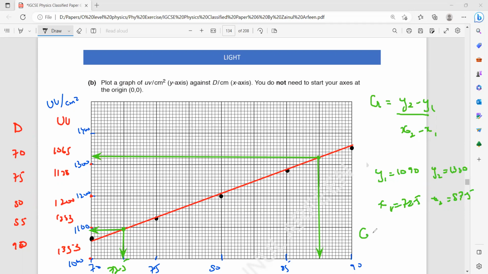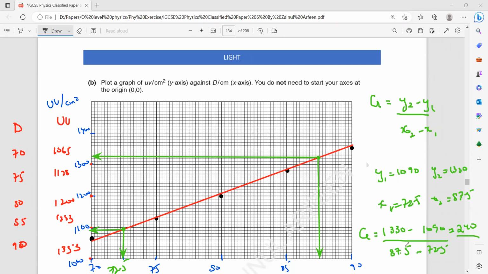Then we use the formula that gradient is y2 minus y1, so 1330 minus 1090 divided by 87.5 minus 72.5. Whenever such a question is there, solve the numerator and denominator separately. First, the numerator: 1330 minus 1090 is 240.